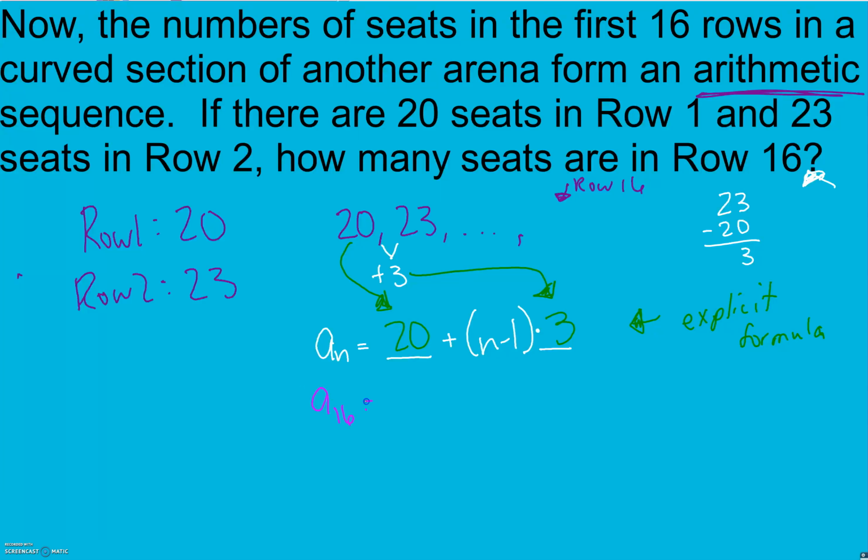The amount of our 16th term is 20 plus 16 minus 1, that n minus 1, times our common difference. 20 plus 15 times 3, 20 plus 45, gives me 65 seats. And that's the amount of our 16th term.